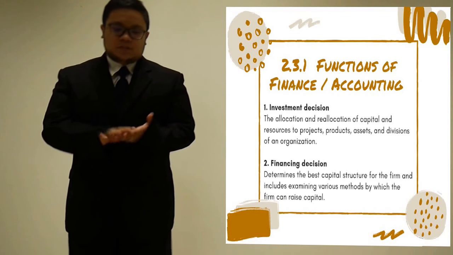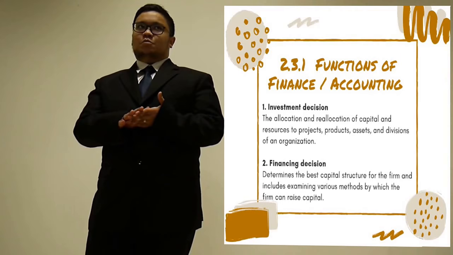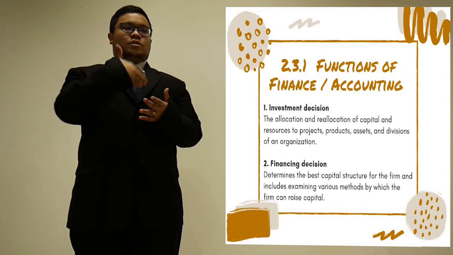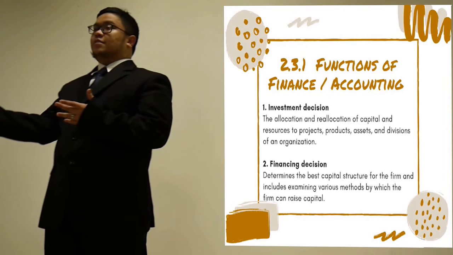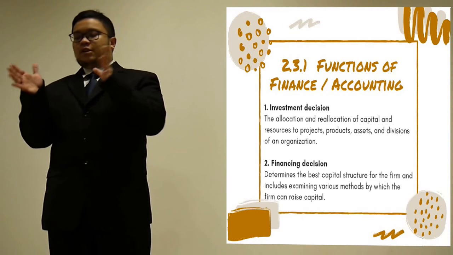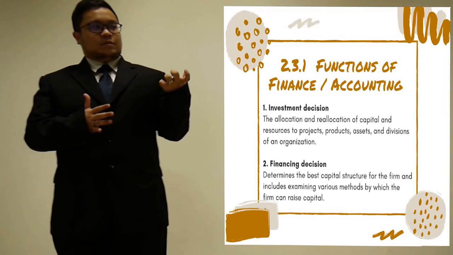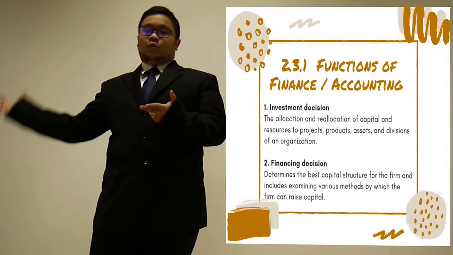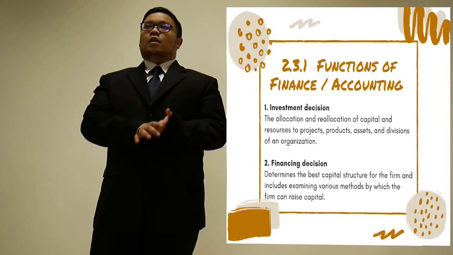For example, when an organization executes its business strategy, it will allocate capital into separate functional business areas. Into projects, it will allocate some capital, and the projects will in the future generate income or profits to flow back into the organization's account.